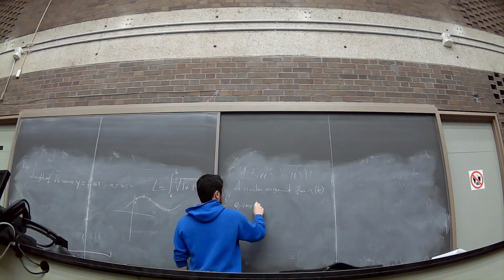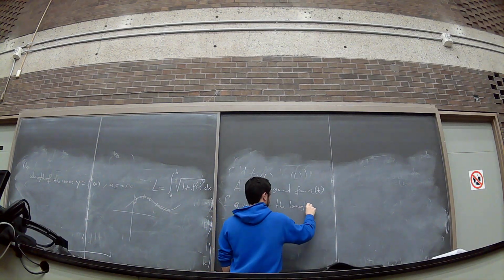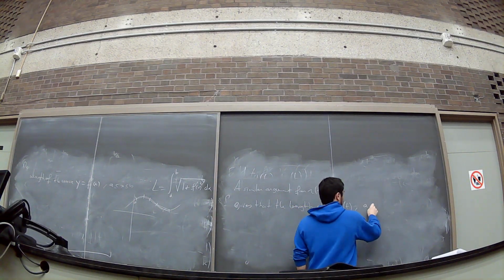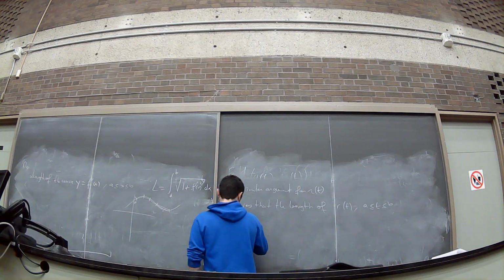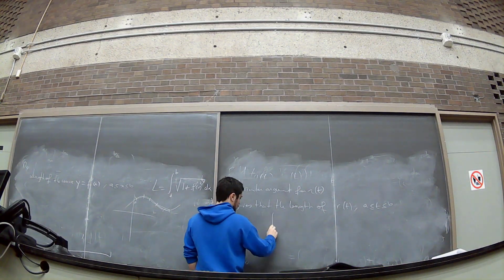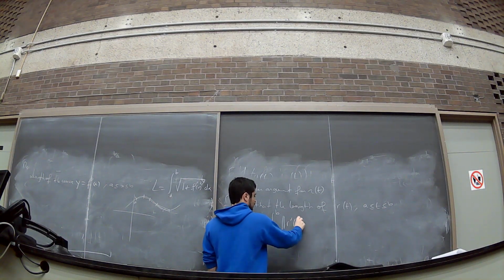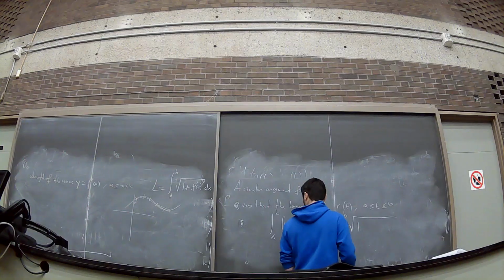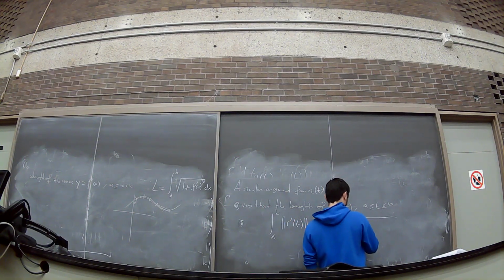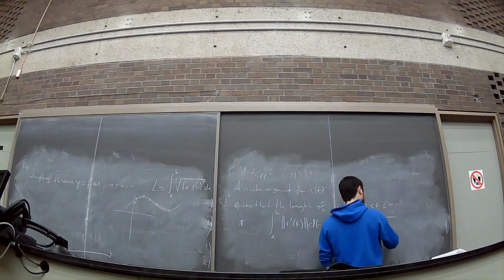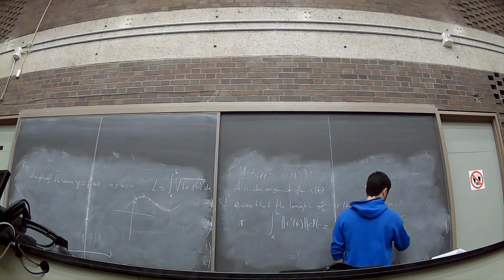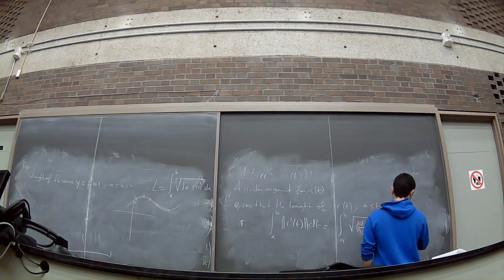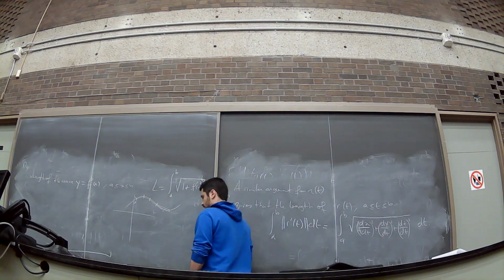The length of r of t between the points a and b is given by the formula.